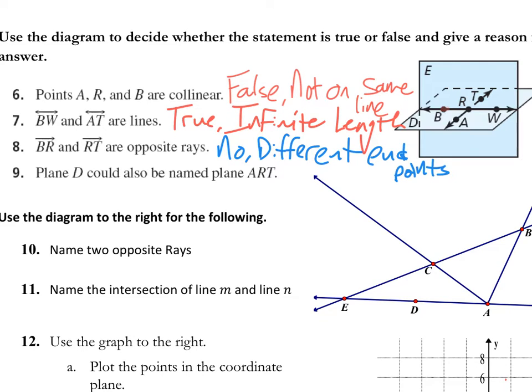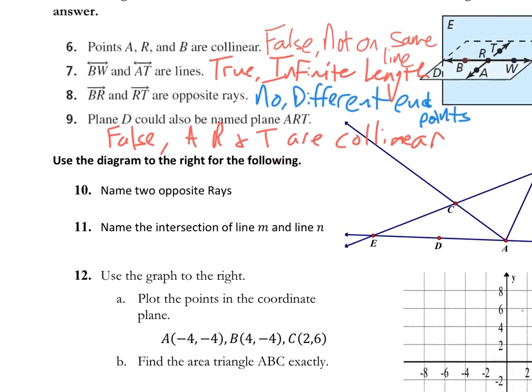That's not drawn in there. We could draw lots of ones at angles, things like that. So since ART are collinear, this has to be false. We can name planes with 3 letters, but you can't use 3 points that are collinear. So A, R, and T are collinear. Sorry, kind of a trick question there, I guess.